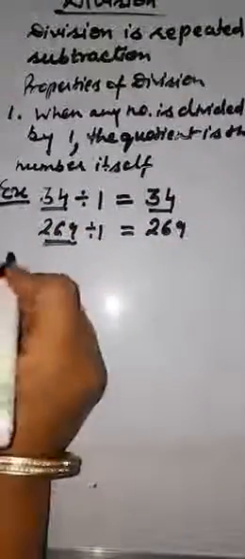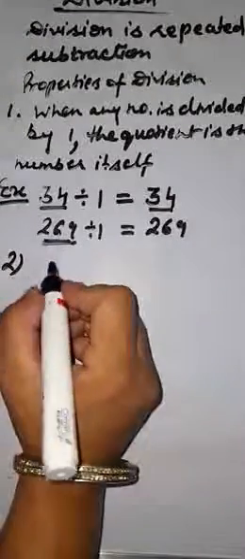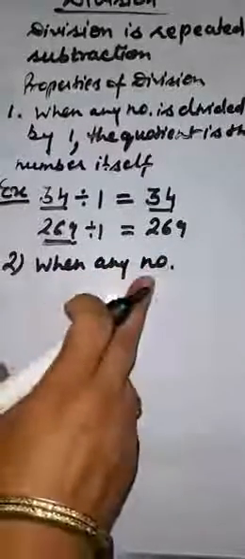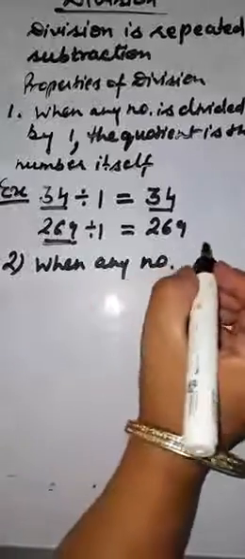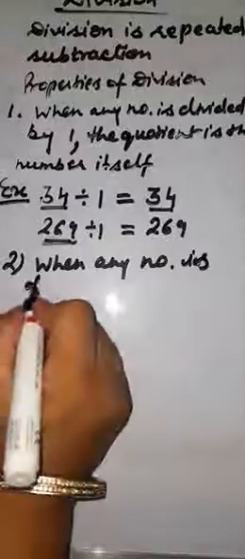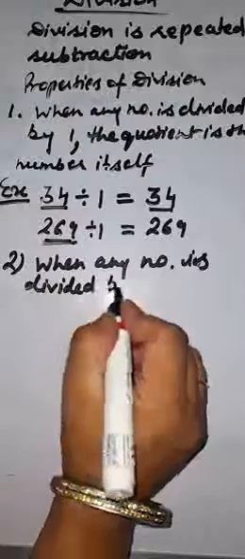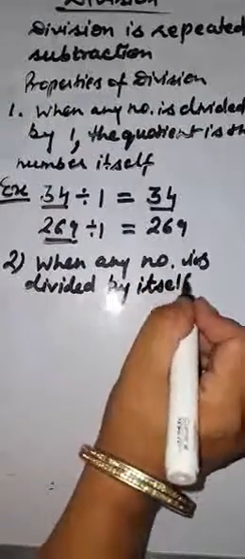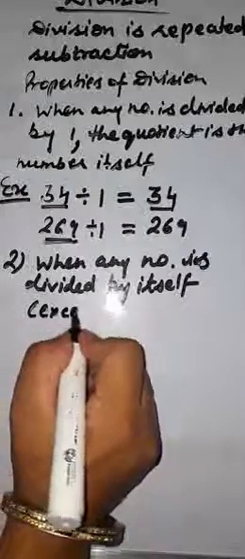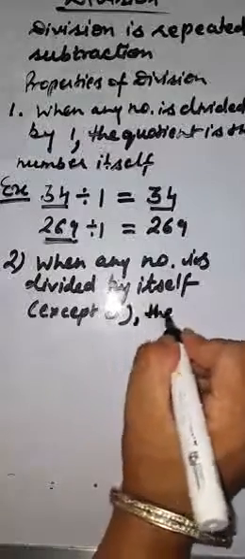Okay, so point number 2. When any number, I am writing here number in short form, NO, is divided by itself, except 0, okay, leave 0, the quotient is 1.